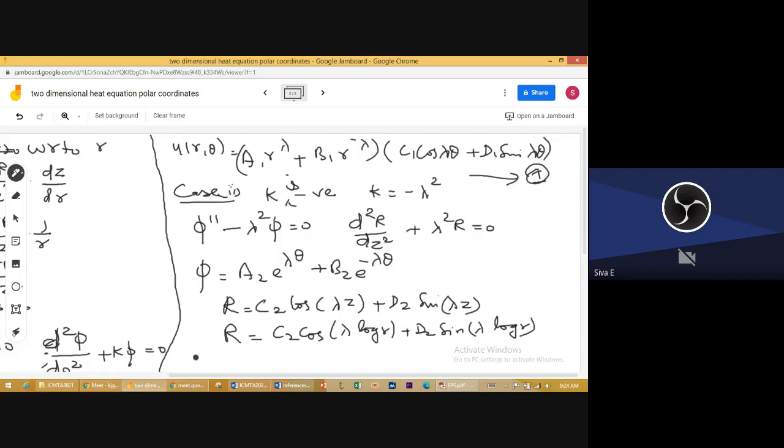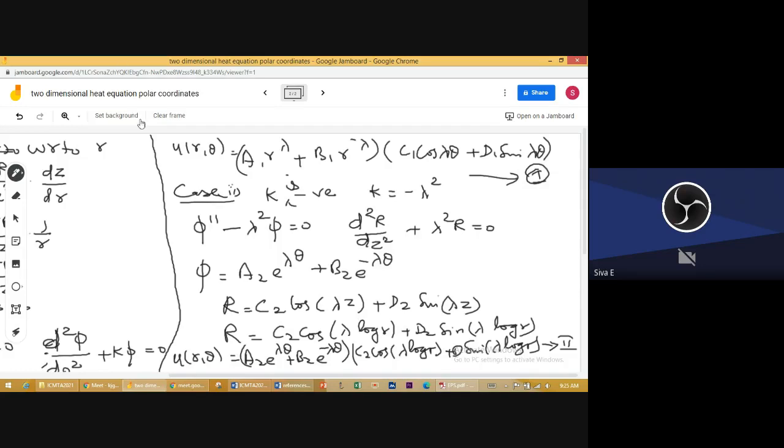So the second possible solution is u of r comma theta equal to A e to the power lambda theta plus B e to the power minus lambda theta, times C2 cos lambda log r plus D2 sin lambda log r. Okay, it is equation number 2.